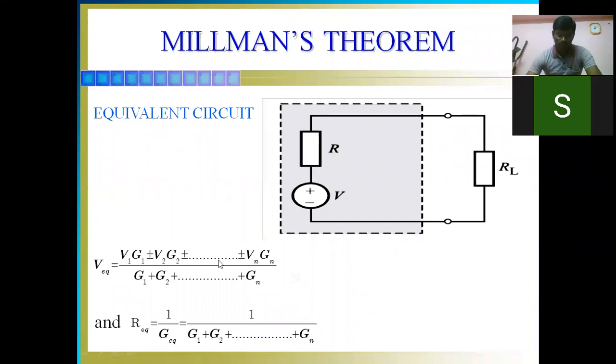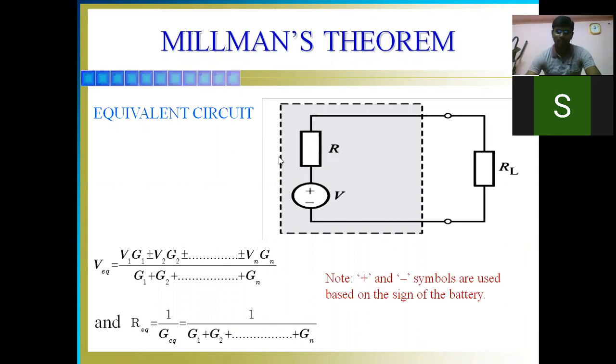You just remember these two formulas in order to solve a network using Millman's theorem. Once again, V equivalent is equal to V1 G1 plus or minus V2 G2 and so on. Note that the plus and minus symbols are used based on the sign of the battery.